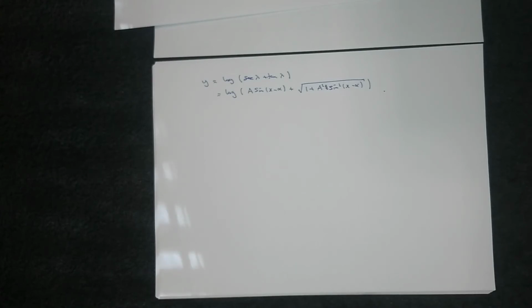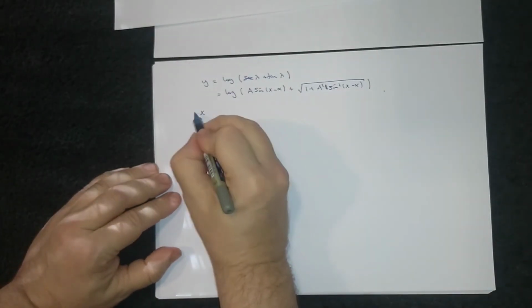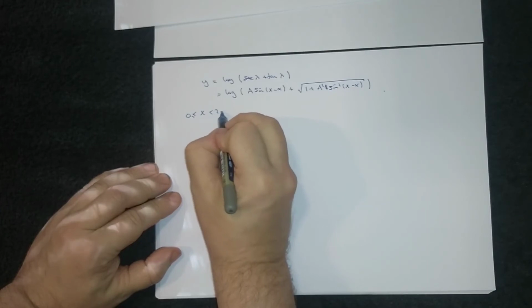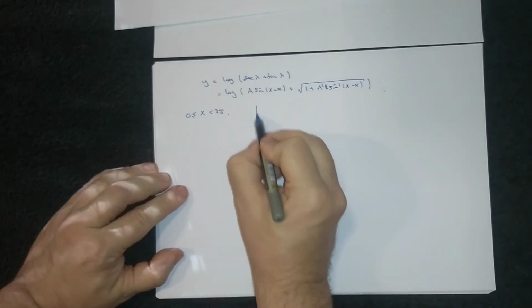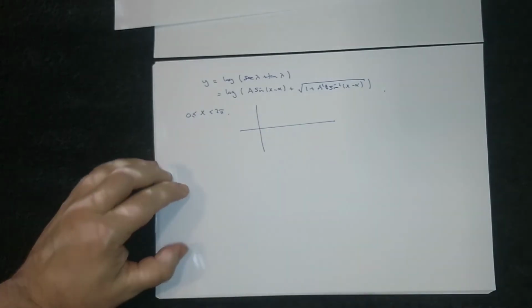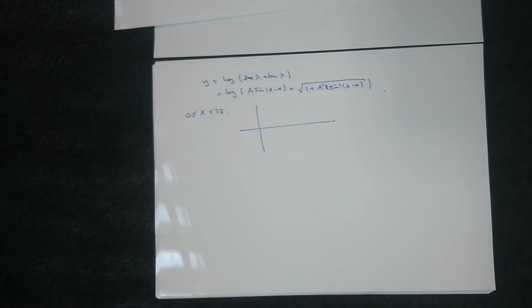So what we do is we plot this, say, for x between 0 and 2 pi. And we'll get some graph.